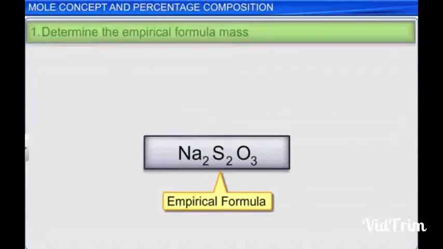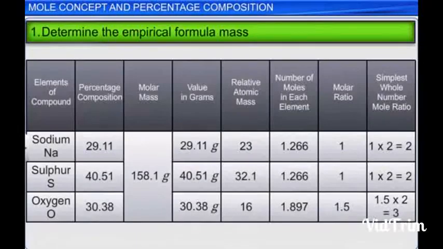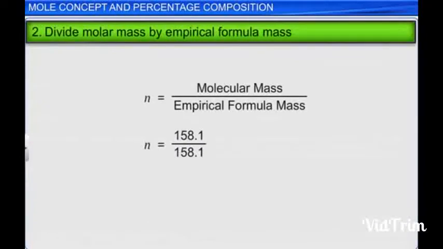First, calculate the empirical formula mass. The empirical formula mass can be obtained by adding the atomic masses of all the atoms present in the empirical formula, which is 158.1 gram. Now, divide the molar mass by the empirical formula mass to identify the value of n, which we get as 1.